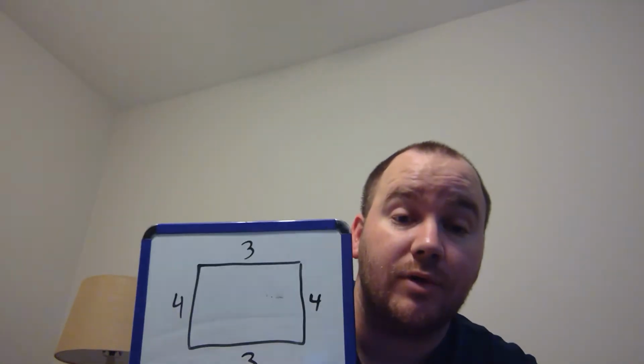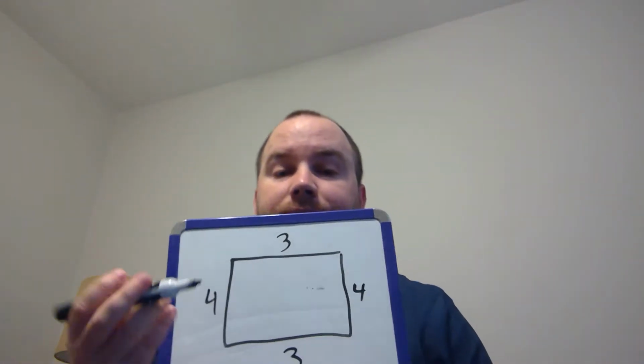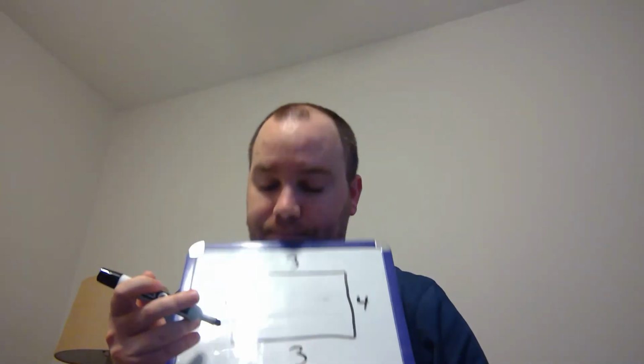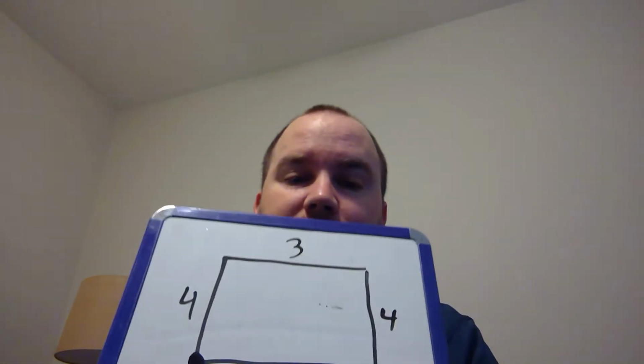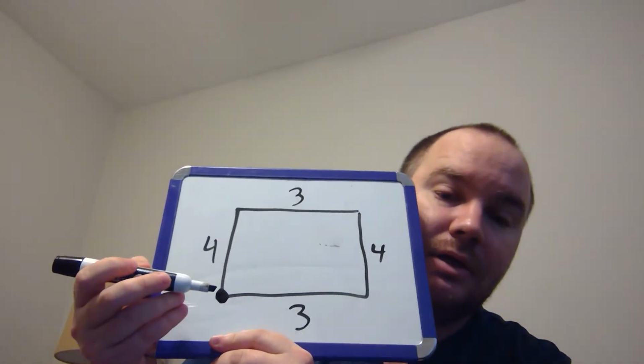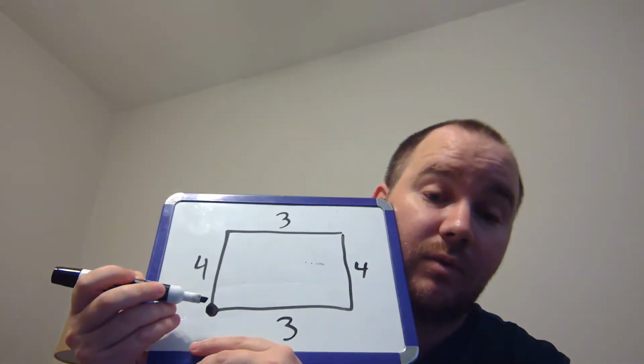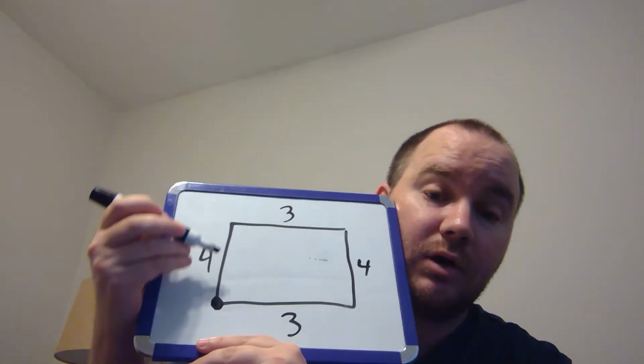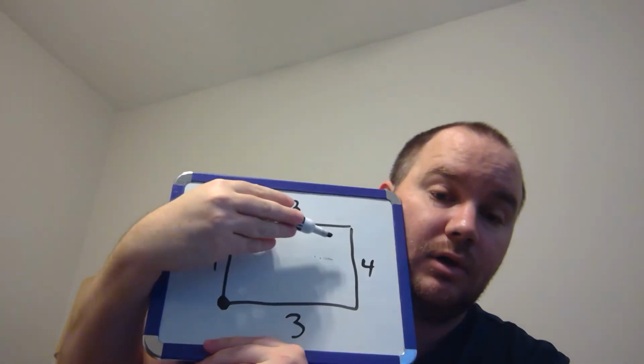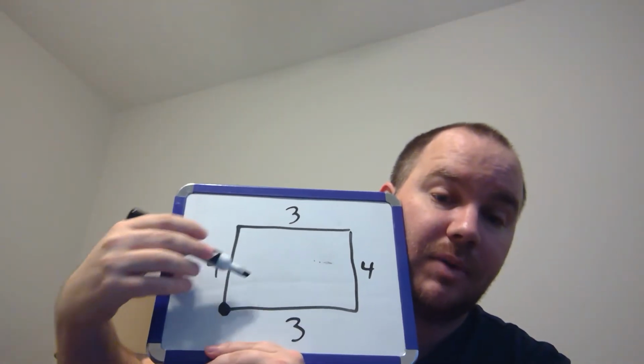Perimeter, literally what it is, is the distance around. The first person to comment today was Jonathan, so let's use Jonathan as the example. How far would Jonathan have to walk if he walked up, over, down, and back over?